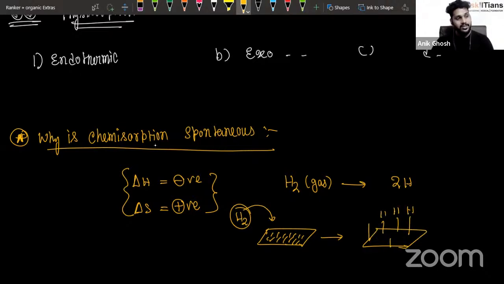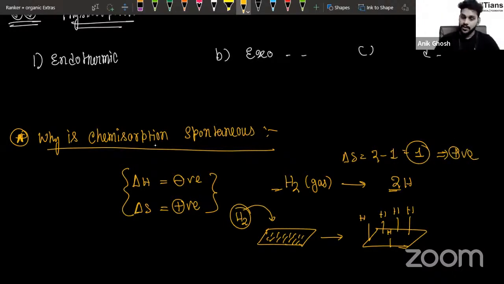So the hydrogen molecules are becoming hydrogen atoms. So delta S is going to be product minus reactant, 2 minus 1, which is going to be 1. So it is a positive value.